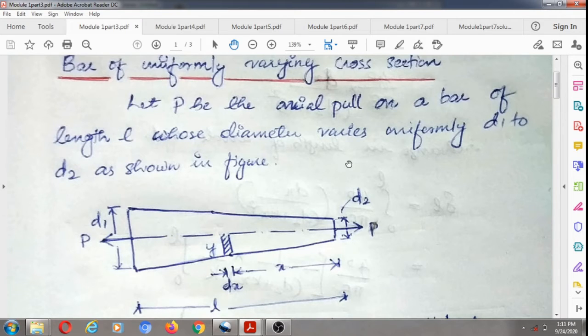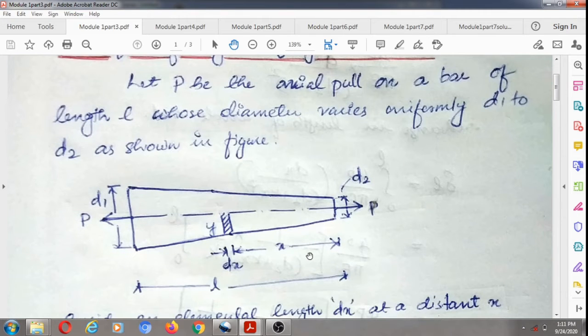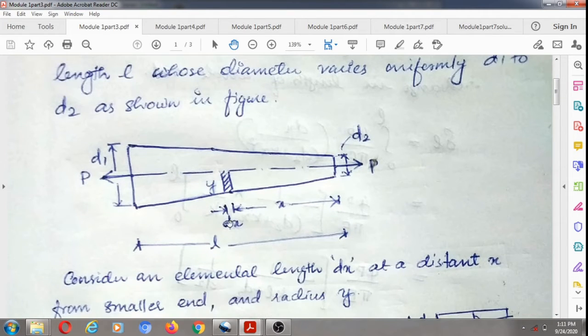Let P be the axial pull on a bar of length L whose diameter varies uniformly from D1 to D2 as shown in the figure. It's already given here. Some more markings are here. You can see that a small element is considered at a distance x from the end D2, the D2 diameter end, with a small length dx along the lengthwise direction.